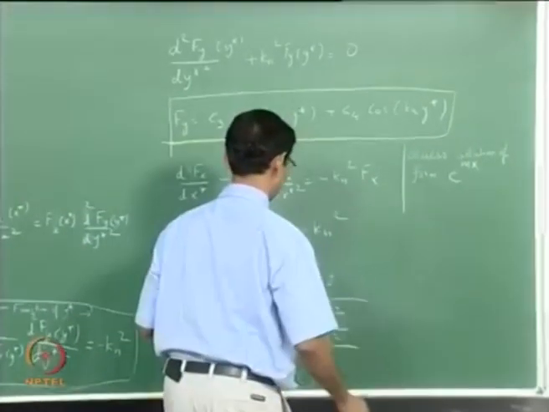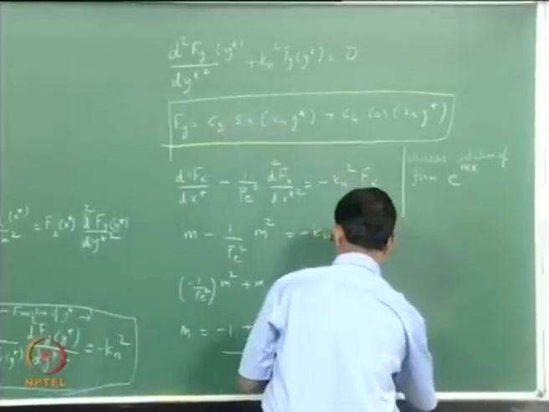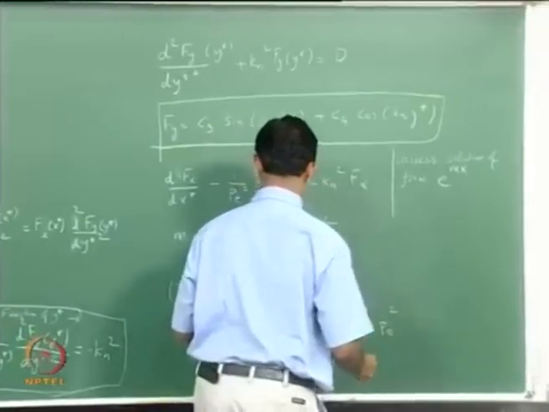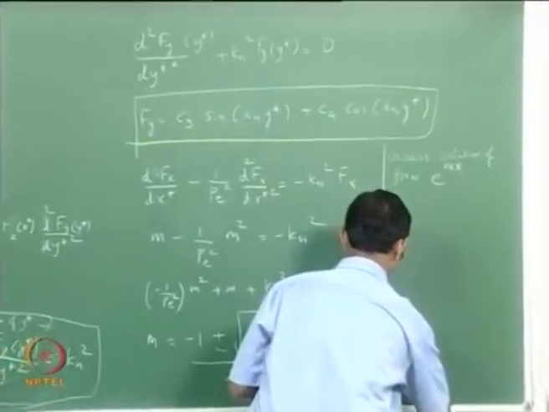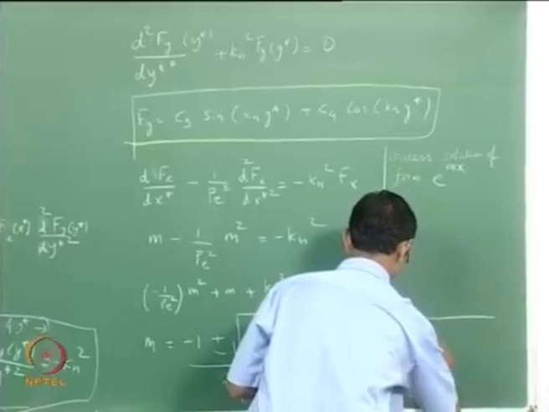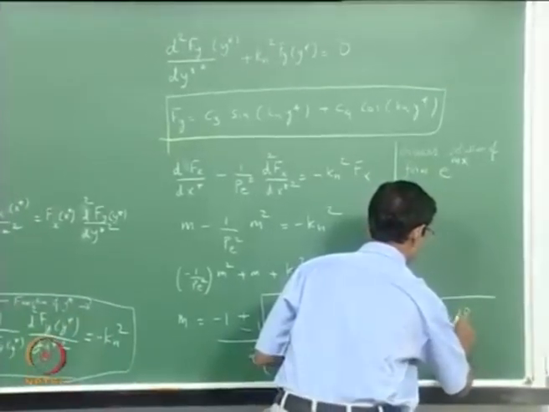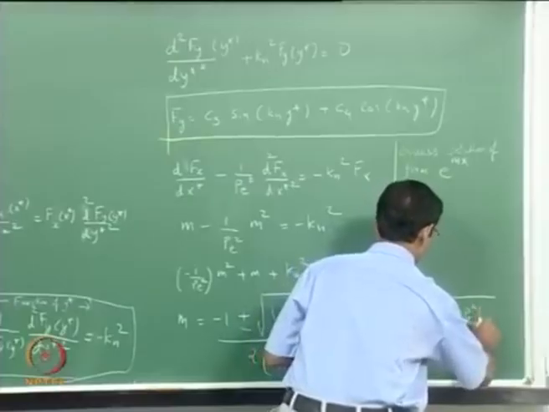So, we must be able to write this as p squared minus or plus root of p power 4 plus 4 p squared kn squared.